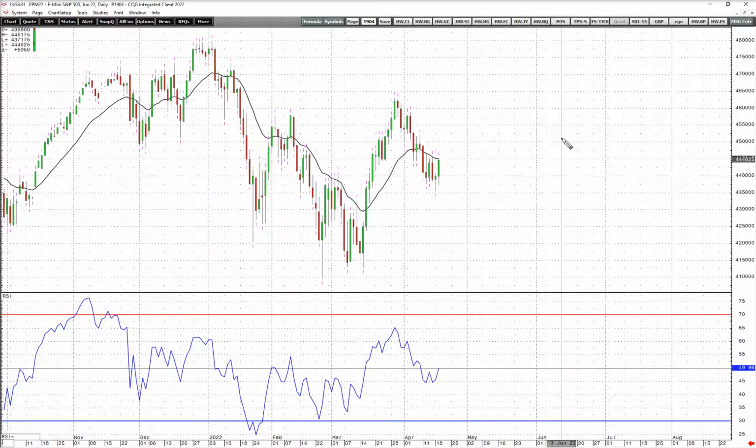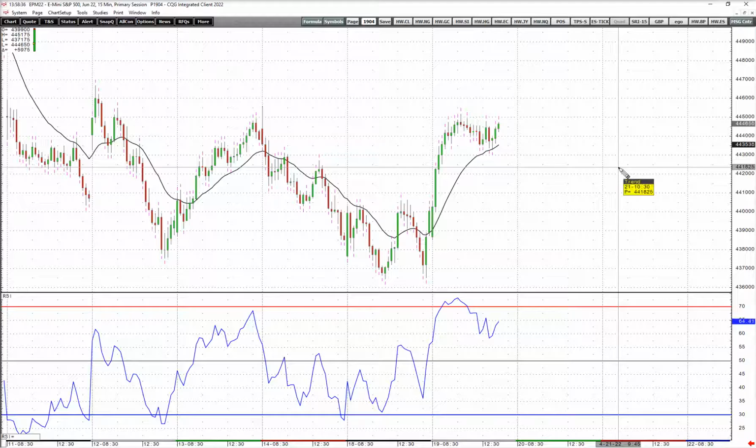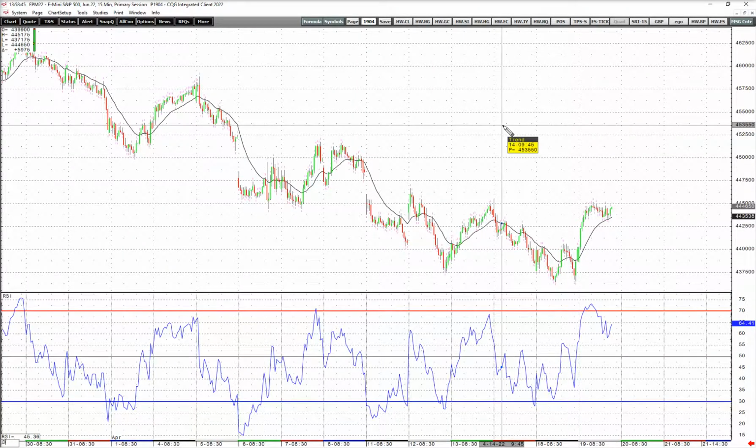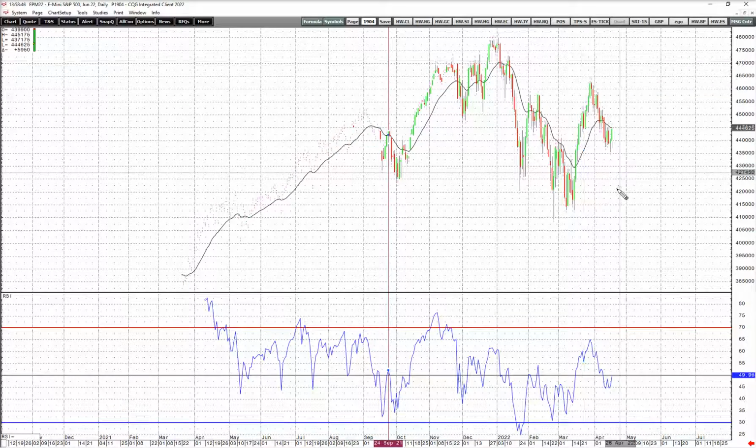A lot is going to be determined by this volatility contraction trade on the S&P, and if this plays out, it's going to change the nature of a lot of the markets that we're trading, because this would be two legs complete.